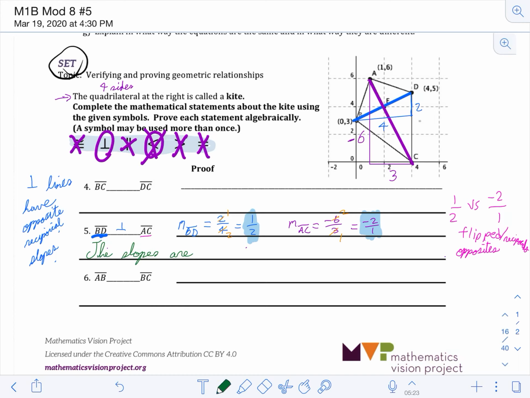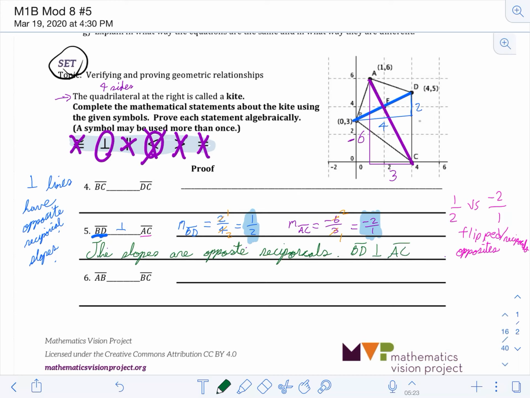There we go. Opposite reciprocals. Because the slopes are opposite reciprocals, BD is perpendicular to AC.